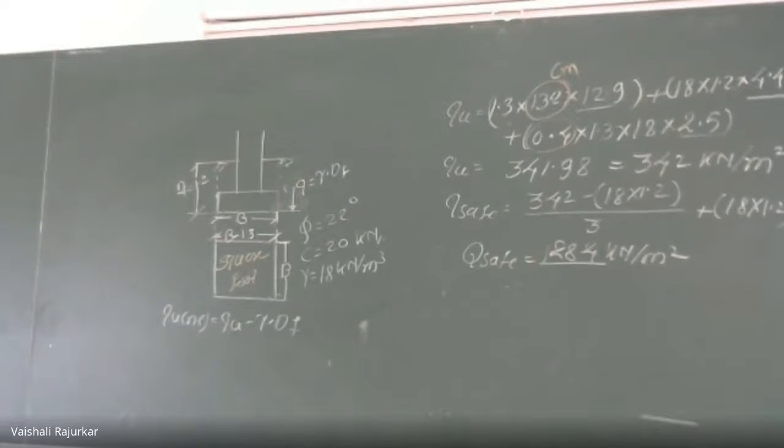The soil properties are: c is equal to 15 kilonewton per meter square and angle of friction is 37 degree.